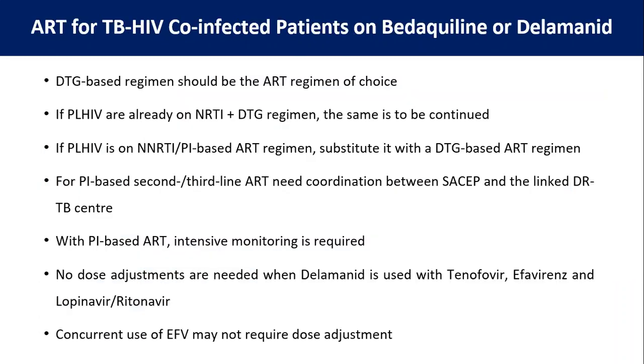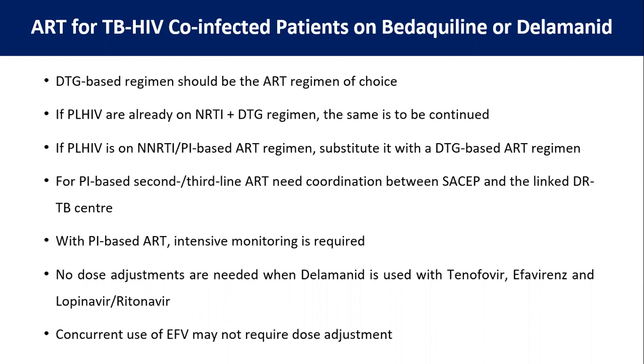Now, ART for TB-HIV co-infected patients on bedaquiline or delamanid. So a DTG-based regimen should be the ART regimen of choice. And if PLHIV are already on an NRTI and DTG-based regimen, the same is to be continued. And because it is drug resistant, there is no requirement of increasing dolutegravir to twice daily, because there is no rifampicin in the second line in DRTB.